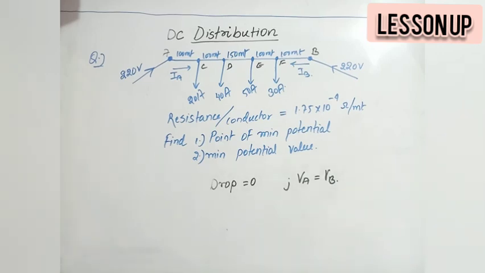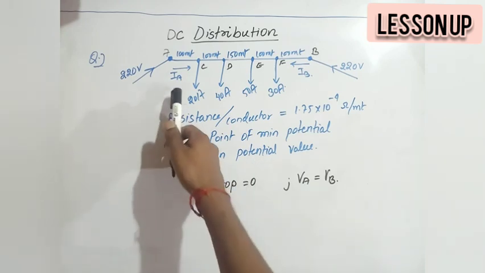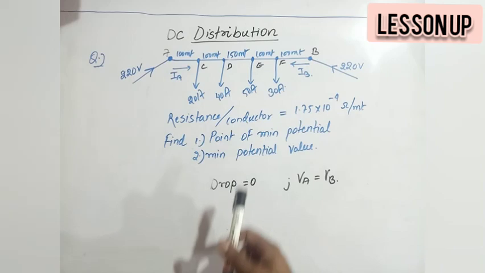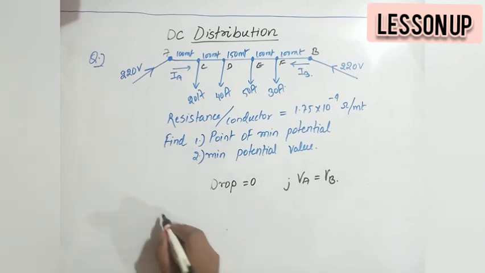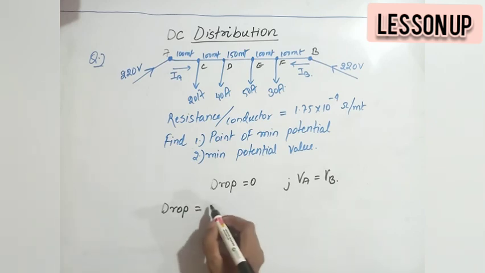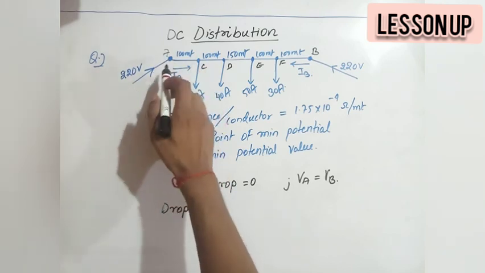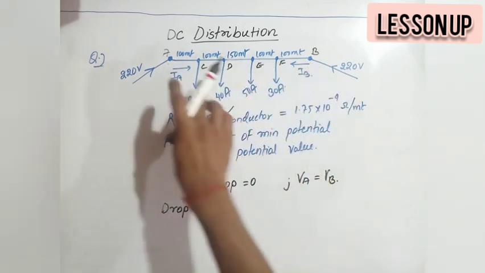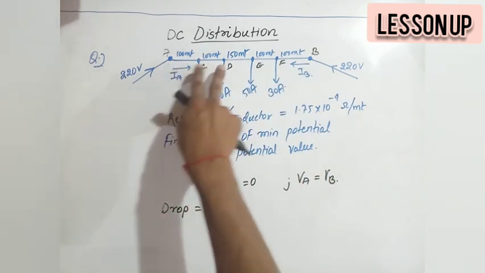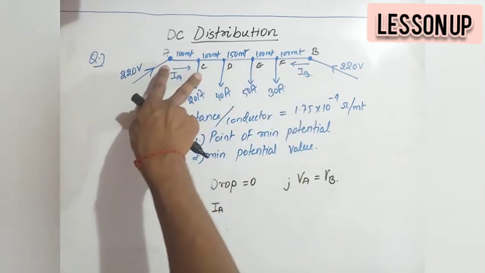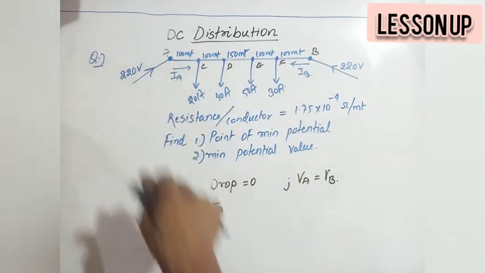To find the minimum potential point, we need to know the value of current. So we need to calculate the drop at each section. First we will calculate the drop between A and C.